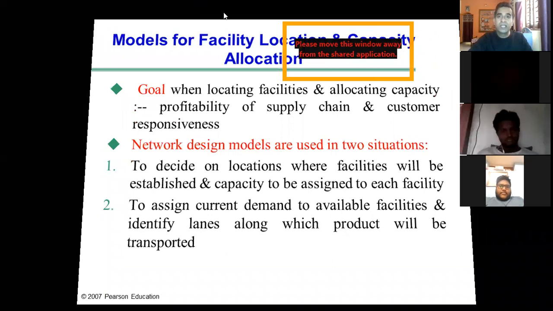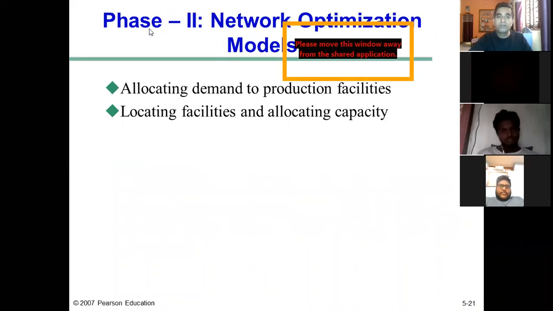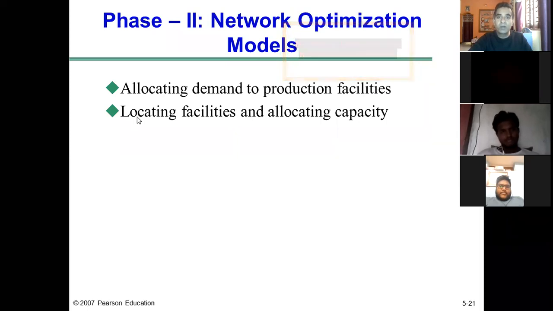These network optimization models are used in phase 2 of the global network design decisions. What we are going to illustrate in the next slides is how a company uses network design models to allocate demand to production facilities, and how it uses network optimization models to locate facilities and allocate capacity.